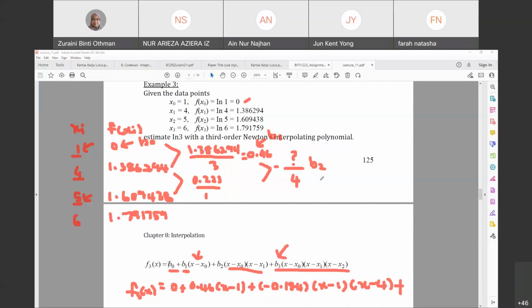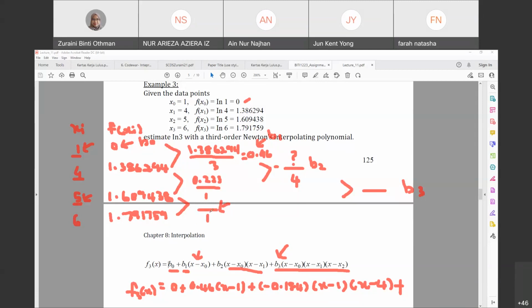This is B2, but B3 is something here. You have to find B3 here, but you can't find it because you're missing this value, right? So you have to find these two gradients first, you get this number, then from this you can find the answer. 6 tolak 5, 1.